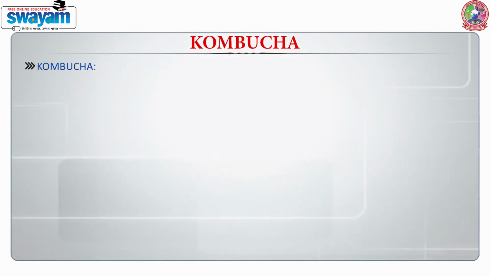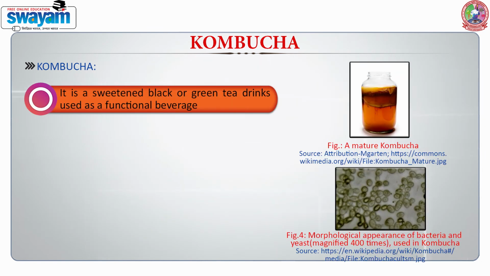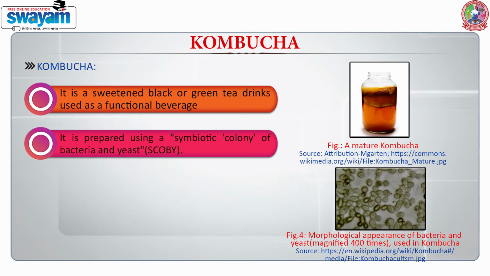Kombucha is another fermented beverage, also known as black or green tea drink. It is used as a functional beverage. The interesting feature of kombucha is that it is prepared using a symbiotic colony of bacteria and yeast, known as SCOBY.